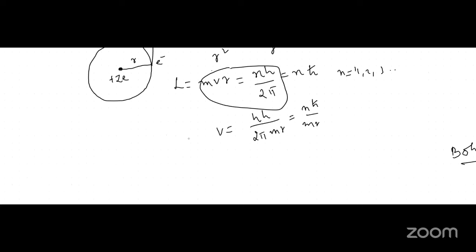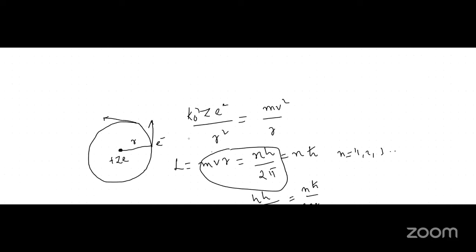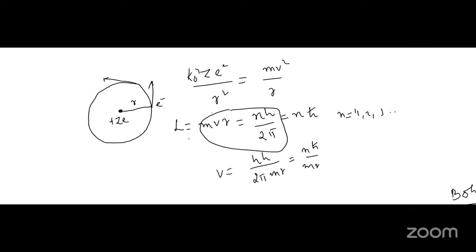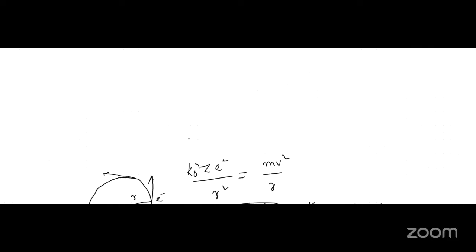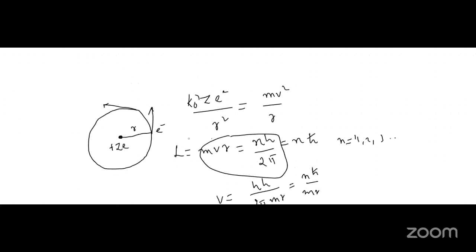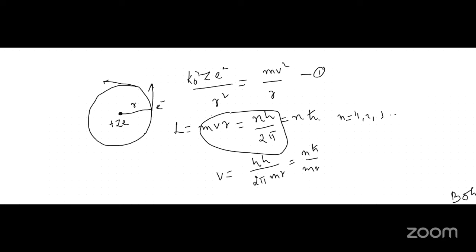Now we will substitute this v equals n h-cut by mr into the starting equation. Let us say this is equation number 1, and the next one, L equals mvr, is equation 2.